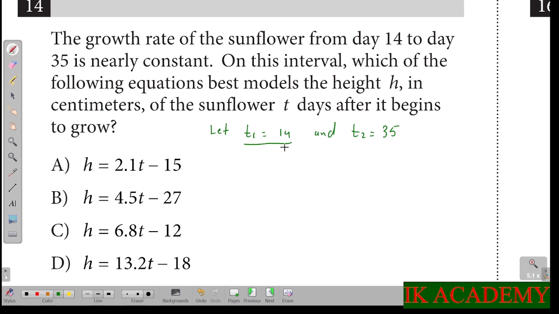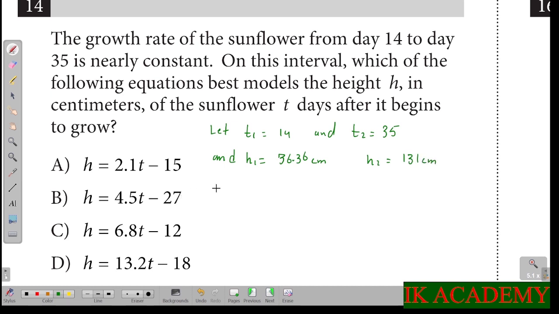It means t1 is the first day, which is 14, and t2 is the last day, which is 35. h1 is the height on day 14, which is 36.36 centimeters, and h2 is the height on day 35, which is 131 centimeters.